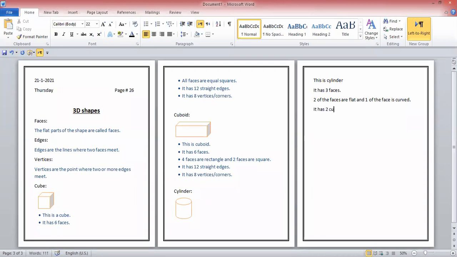So it has two curved edges. Guys, don't worry. I'll discuss cylinder with you in the next class in detail. Just write it now. It has two curved edges, and it doesn't have any corners or vertices. Zero vertices or corners.